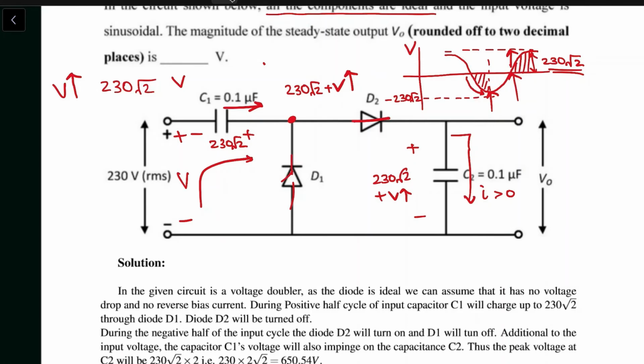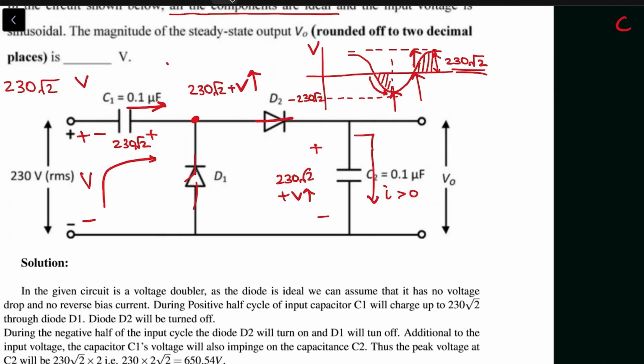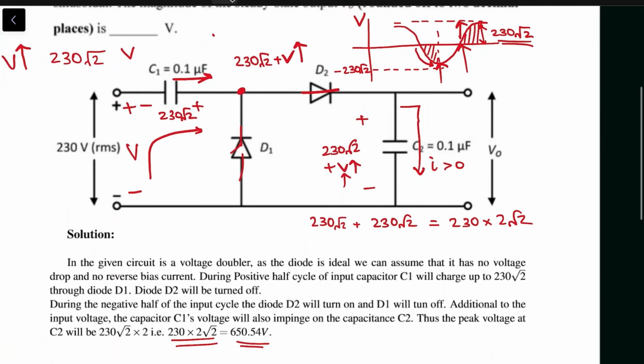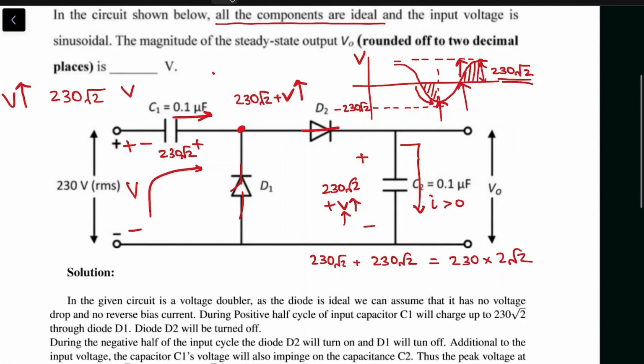So when V reaches plus 230 root 2, the capacitor voltage will become 230 root 2 plus 230 root 2, which is 230 into 2 root 2, which is what is given here as 650.54 volts. So the capacitor will reach that value, and then after that, V starts falling.